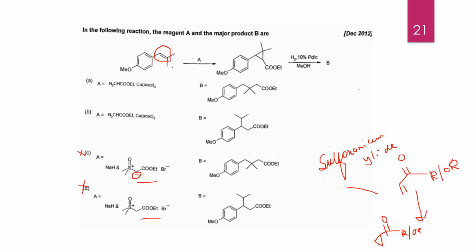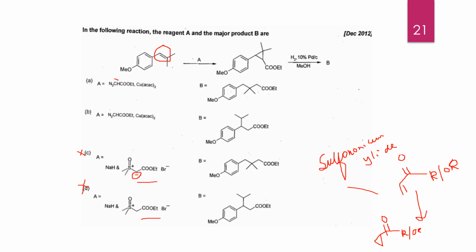How do you know this reagent? This is a diazocarbonyl compound. It will give a carbene here, and it will add to this position and give this product. So among them, A is sorted. Now why will this cleaving happen?